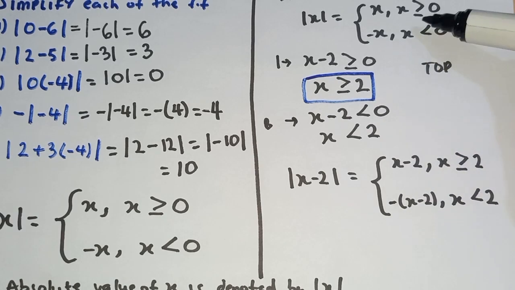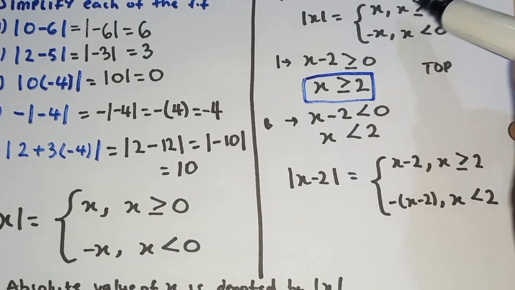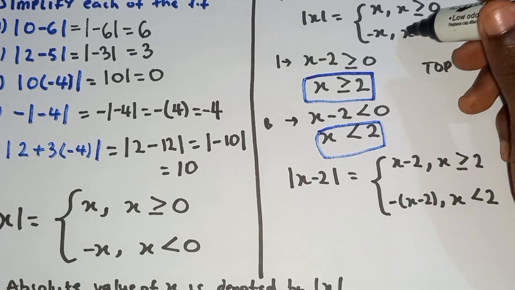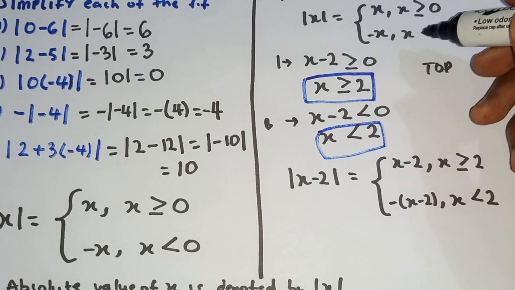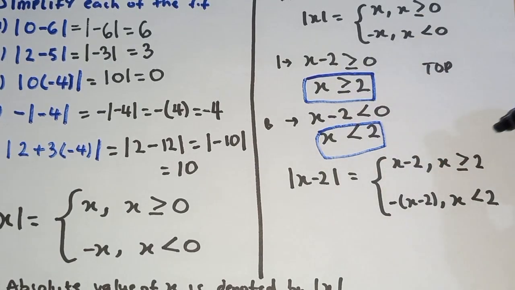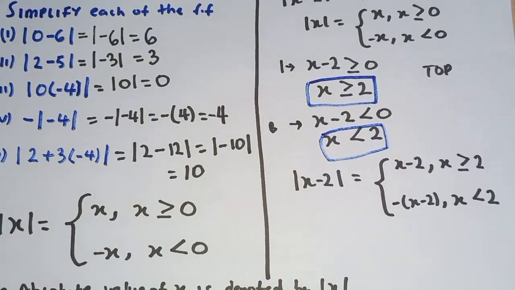In the conditions, x must be greater than or equal to 0, and we did it over here. x was less than 0, not negative x, it's x. And here x is negative 2. Just solve for it. So this is how we define this question.